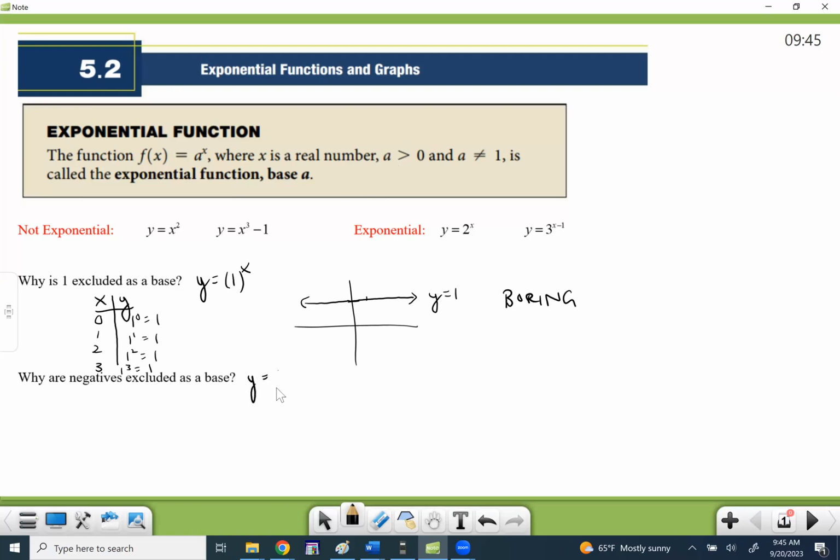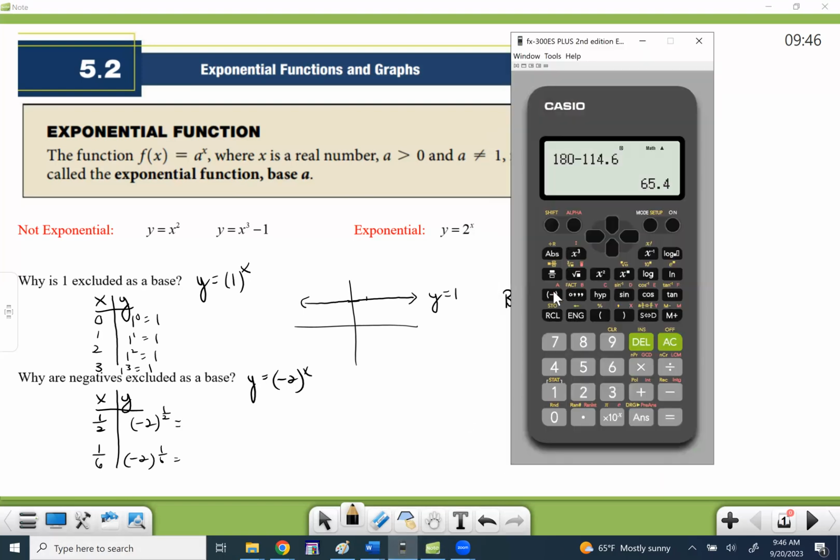So let's say we have negative 2 to the x power. This is very problematic because if I were to take any sort of fraction, say 1/6, that would mean negative 2 to the 1/6 power. Let's go investigate what happens, and we'll talk about why this happens.